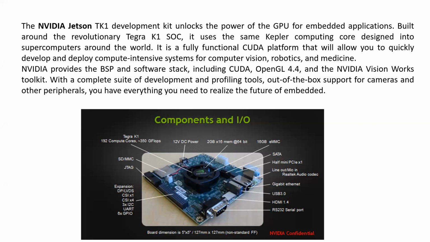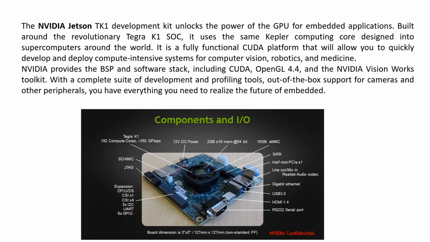Now, if you observe the size and shape of this NVIDIA board, it is different from the single board computers we have seen till now. So it has a different form factor. This is a non-standard form factor. The earlier single board computers which we have studied were of credit card size.